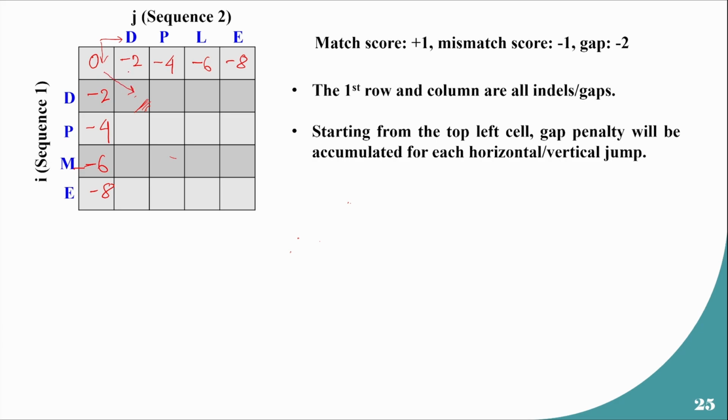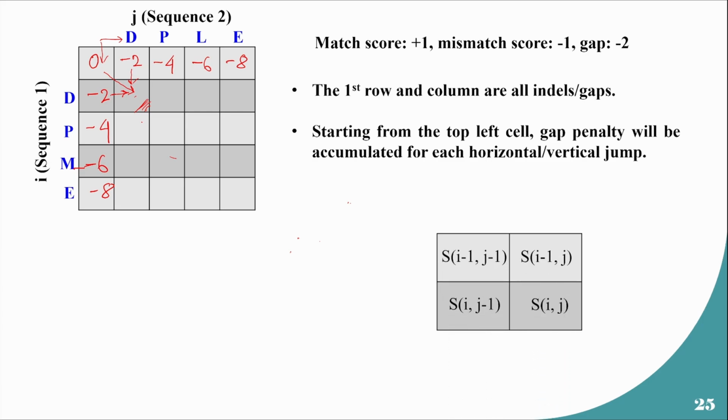One would be this diagonal path, another would be right from above, another would be right from the left element here. And we have to calculate for each of these paths, and the best score that we get, we will consider that path for the path tracing, which we'll see later.